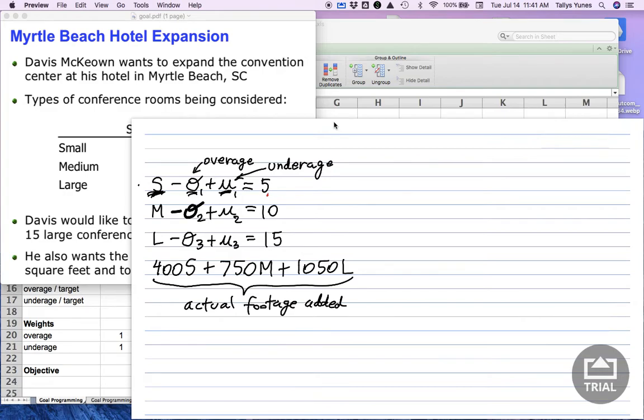Actual footage added. There could be an overage and there could be an underage, and the desired amount is 25,000. Notice when I am implementing soft constraints, the symbol will always be an equality, because that's what makes the over-under trick work.